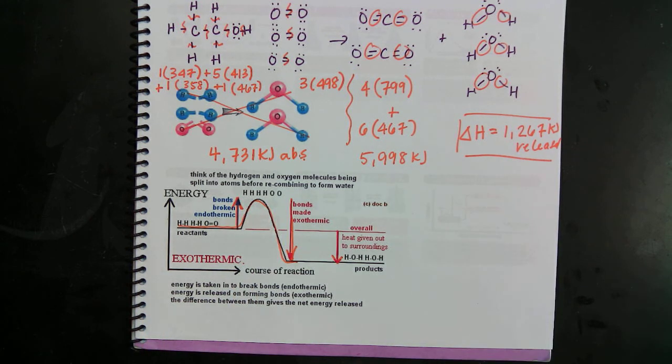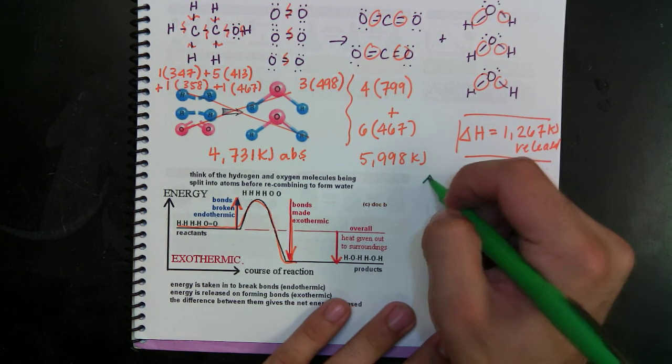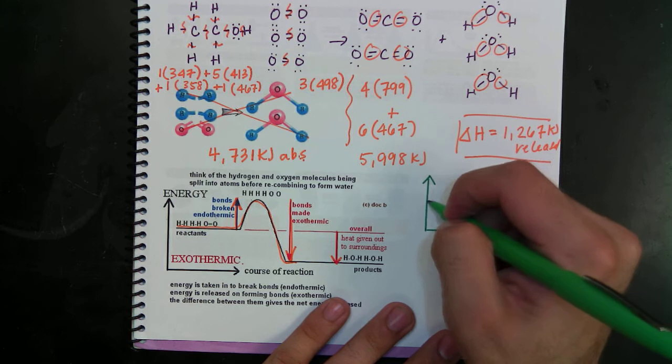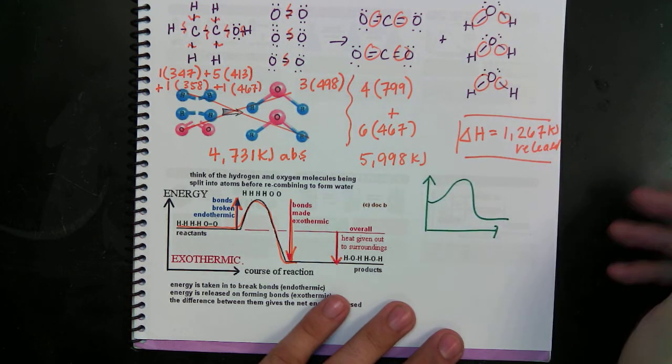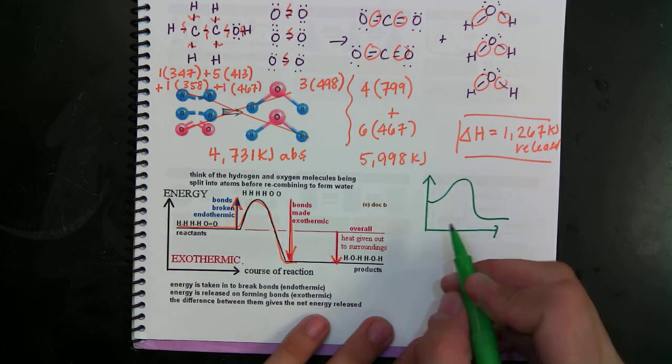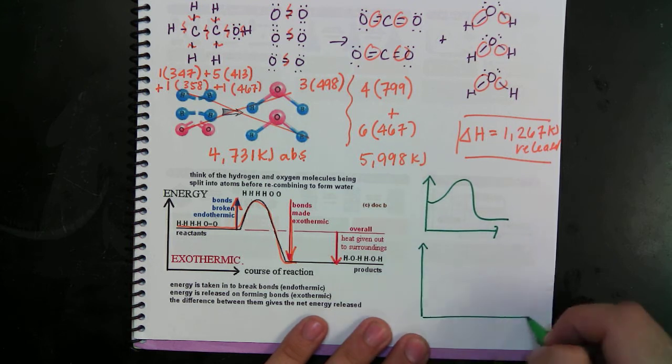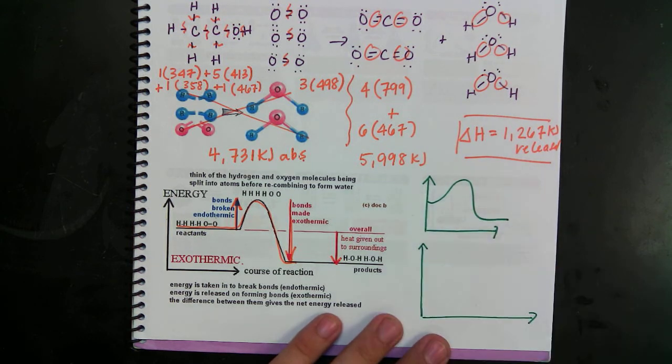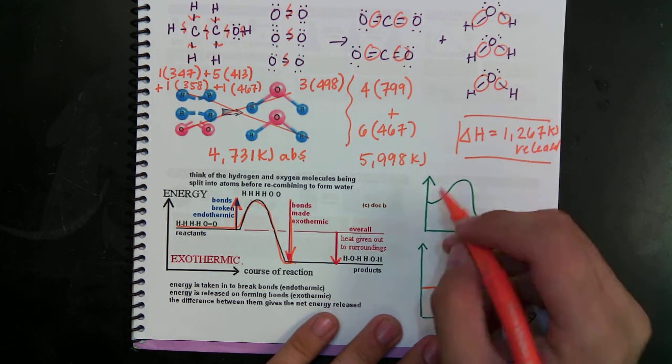For this reaction here, for the ethanol one we just did, if we wanted to sketch what that would look like, we can do it in a couple of ways. We can do a quick sketch like this just to show it's exothermic, and your products are ending below where your reactants are, or what we can do is actually say, okay, my reactants are starting here.